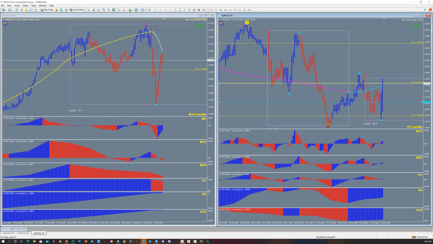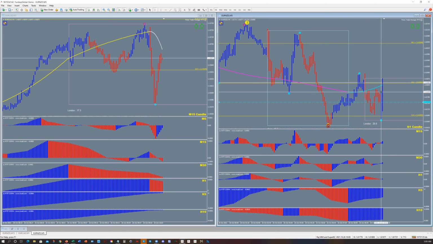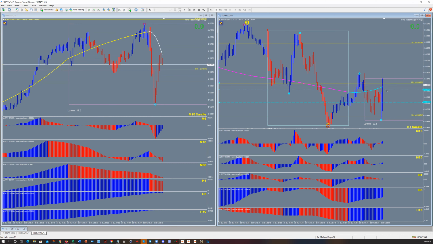How many would have taken a trade here? I took one. I took it for 2 pips. What was your entry? Let me see. Just give me a price where you entered. I entered at 61.84.